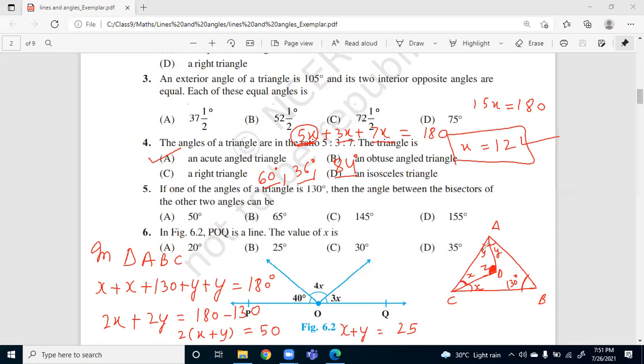So if you look in the smaller triangle ACD, x plus y plus z is equal to 180 degrees. If I put x plus y as 25 degrees, then the value of z is 180 minus 25, that is 155 degrees. So see, I have used the angle sum property of a triangle everywhere.